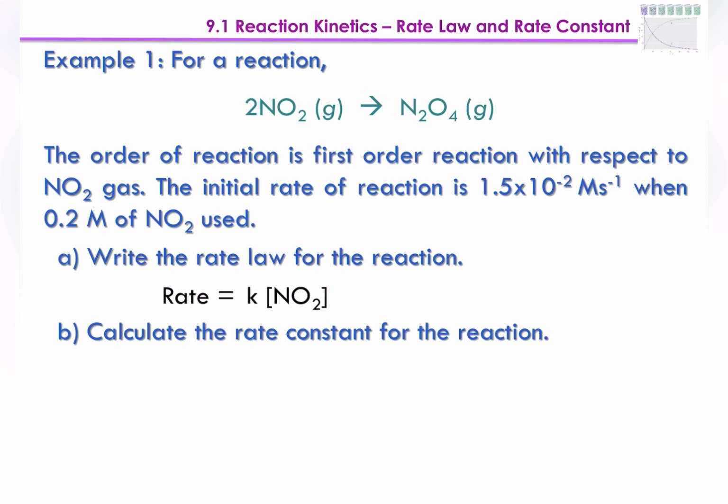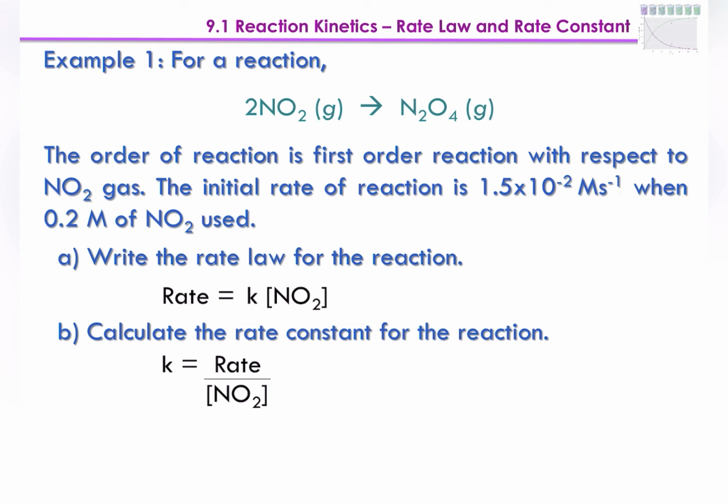The next question asks you to calculate the rate constant for the reaction. So it means that you have to determine the value for k. How do you determine this? You have to rearrange the formula. So k is going to be the subject, equals rate over concentration of NO2. From the question given, the initial rate for the reaction is 1.5 times 10 to the power negative 2 molar per second. So this is for the rate.